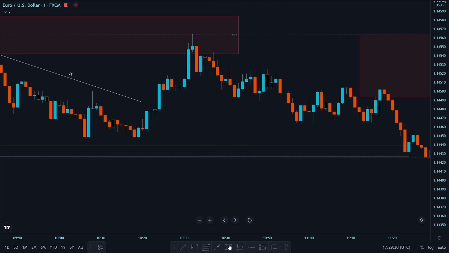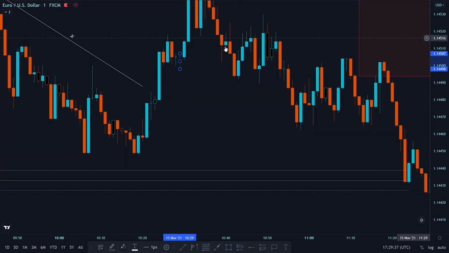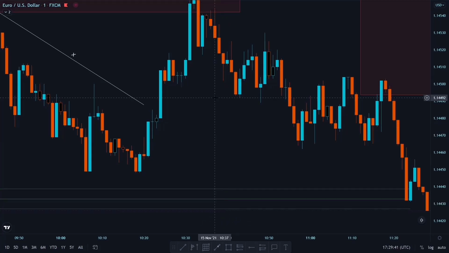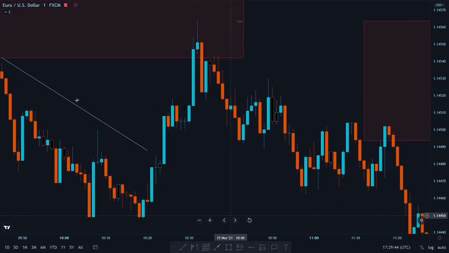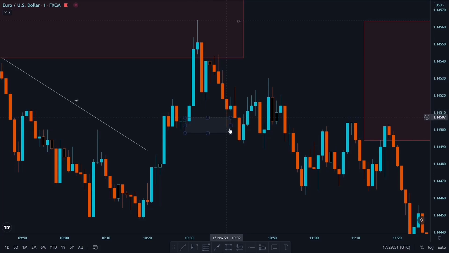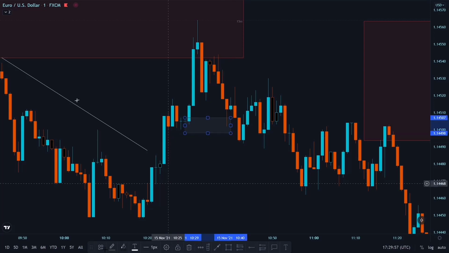Also we have a flip from this little candle. We get a reaction, then we fail this reaction here, so that's why this becomes our flip.